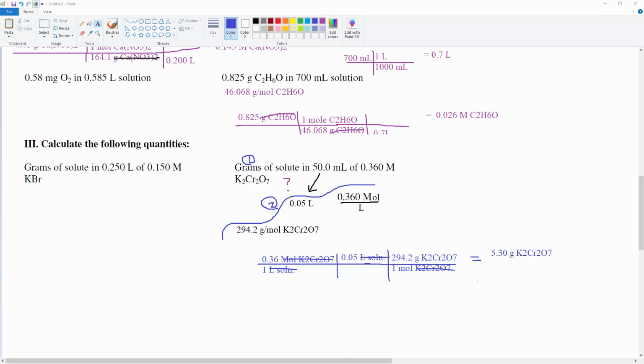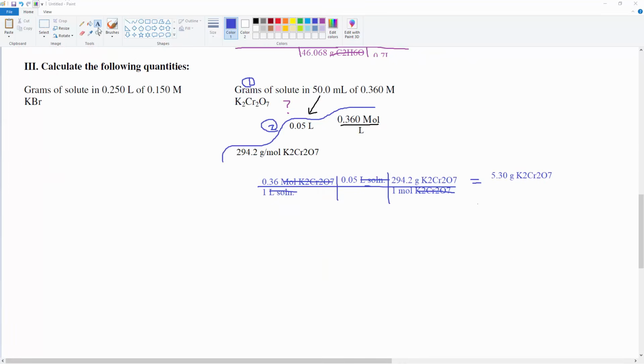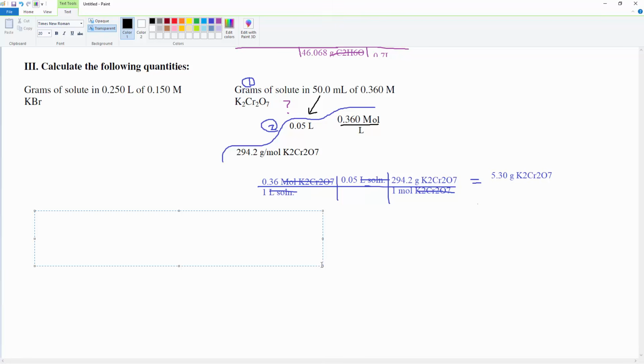So here is the key. Percent concentration can mean weight percent, could mean volume percent, or it could be any combination. But the key here is to note that for water, the density is 1 gram per milliliter.